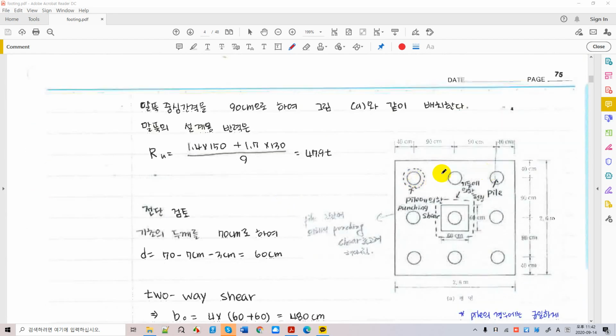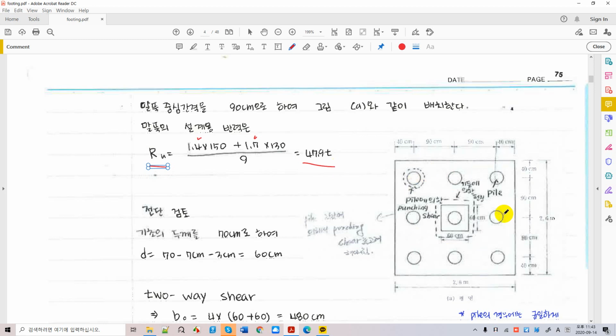If you arrange 9 piles, as you see over there, we have 3 layers of 3 columns at each layer, something like that. And we need to calculate the pile force, which means the thrust or lift force by piles, and we need a factored load here for design, and we end up with 47.9 tons, which is acted by one pile onto the foundation.